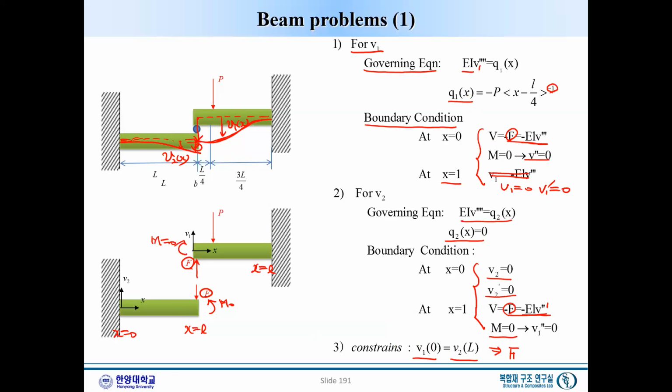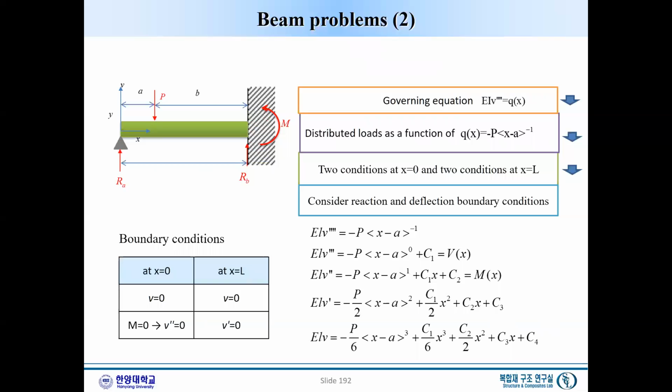And another beam problem, which is relatively easy. Again, there is the force P applied, and on the left-hand side is a simple support, and here is the clamped end, and certainly this is a statically indeterminate problem.